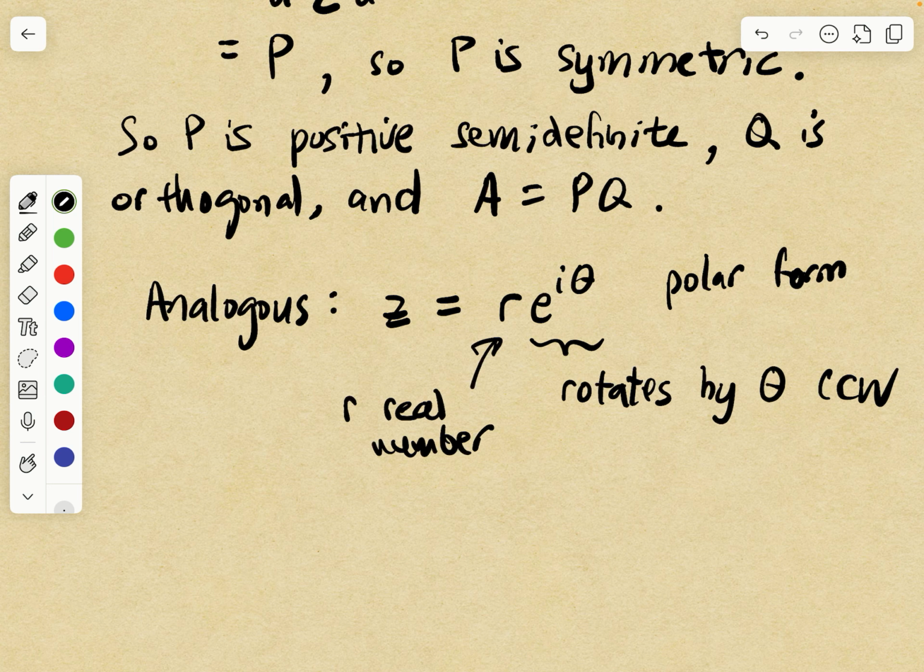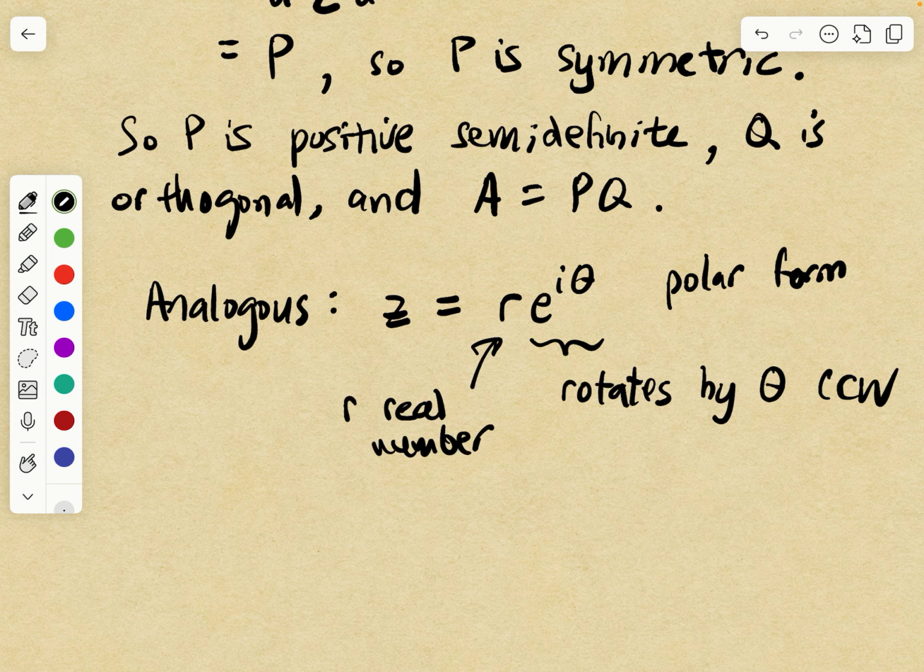I'm sure they're referring to R2 and R3 because we're talking about real life, so an orthogonal matrix with positive determinant is going to be a rotation. That's a theorem about orthogonal matrices. But in general, for this PQ decomposition, Q might not have determinant 1, so it's not necessarily a rotation matrix.